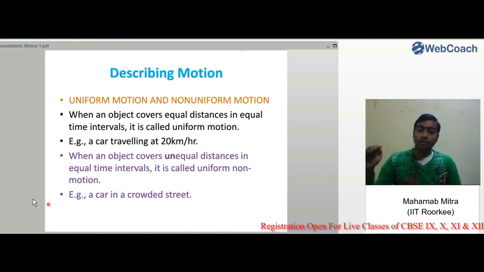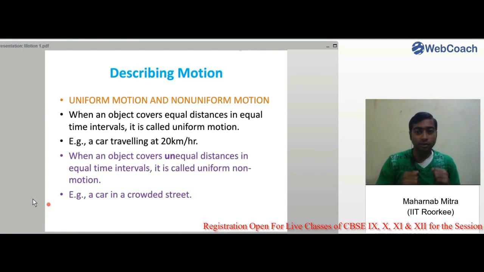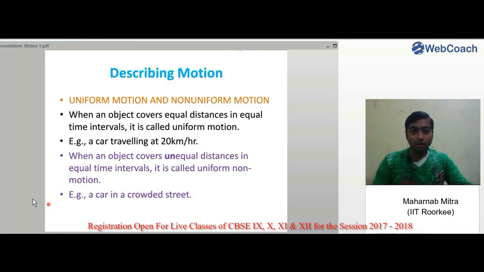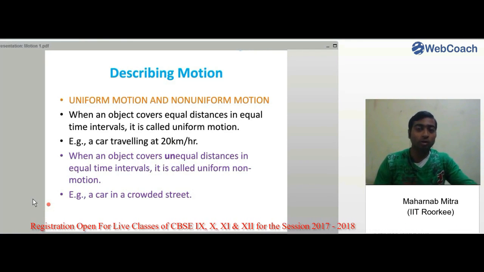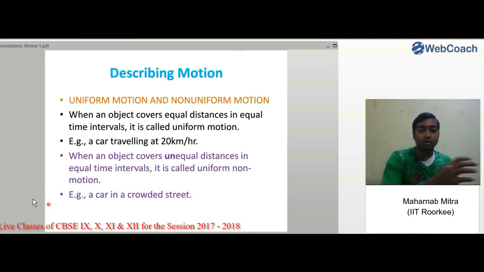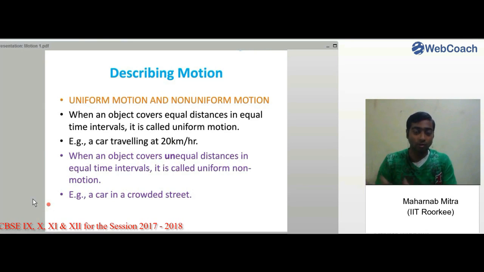Now in a crowded street, what will happen? A car will first speed up, then apply its brakes, because some kind of traffic will be coming towards it, or some crowd will be coming towards it, right? Or some crowd will cross the road.